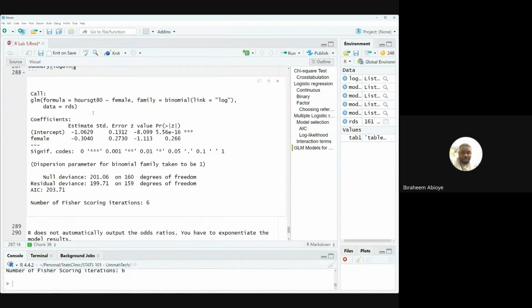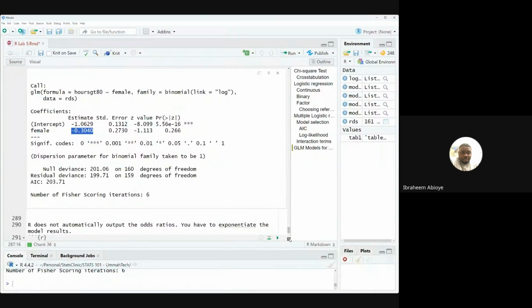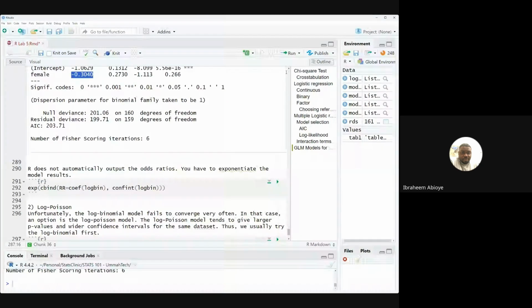It's very similar to the logistic regression, but because we know that the link here is a log and not the logit, we will interpret this beta estimate differently. We will exponentiate like we do for logistic regression, but when we exponentiate, we'll interpret this as a risk ratio, not as the odds that logistic regression gives us.